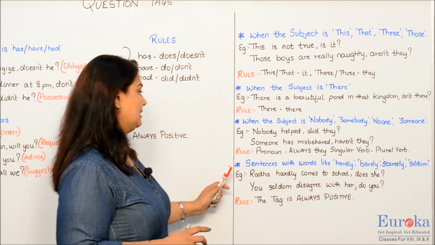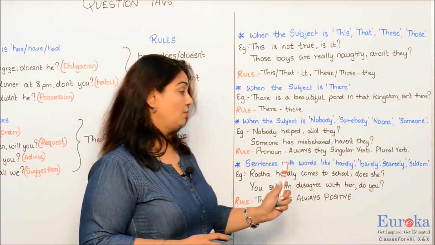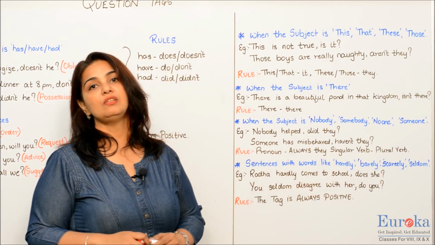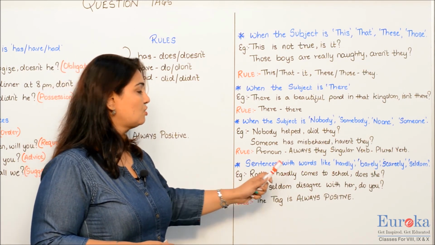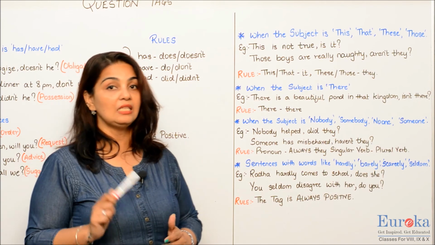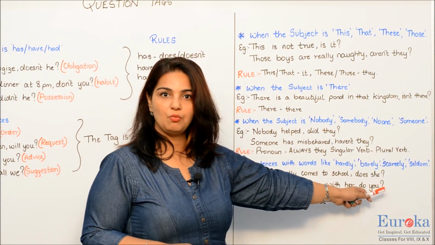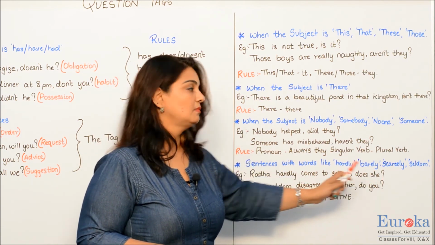Let's look at the examples. Radha hardly comes to school. Radha is not regular to school. That's the meaning of this sentence. So when we use the word hardly, this shows us that the sentence is a negative sentence. So the question tag will be a positive one. Radha hardly comes to school, does she?